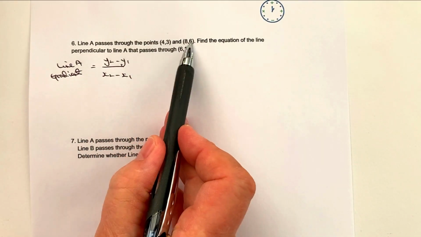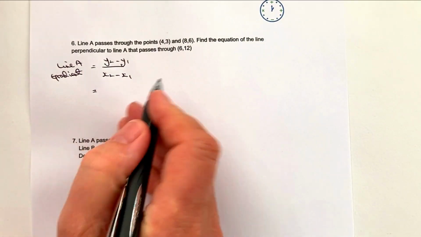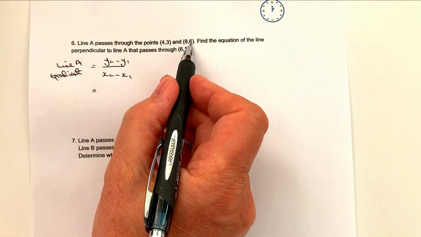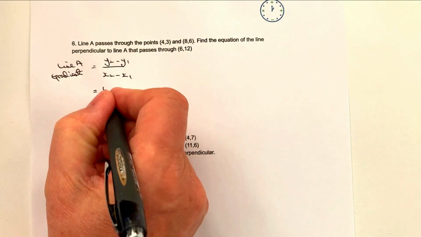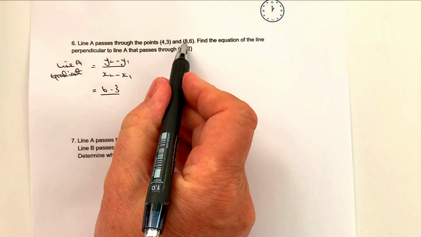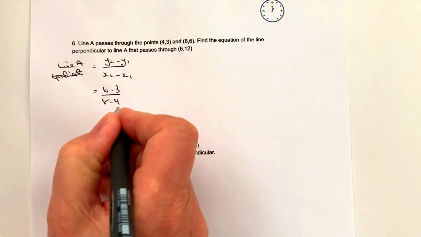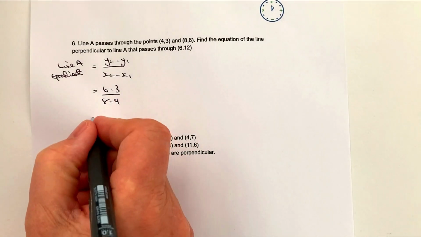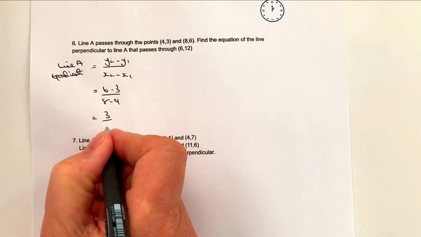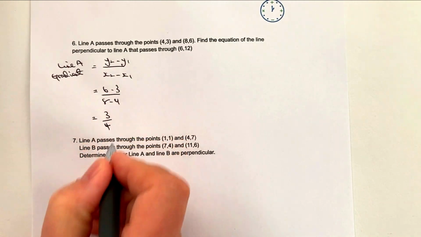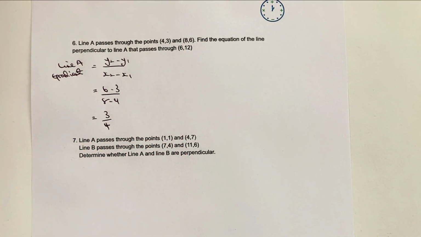Here, y2 is 6 and y1 is 3, so 6 minus 3. x2 is 8 and x1 is 4, so 8 minus 4. So 6 minus 3 is 3, and 8 minus 4 is 4. The gradient of line A is 3/4.